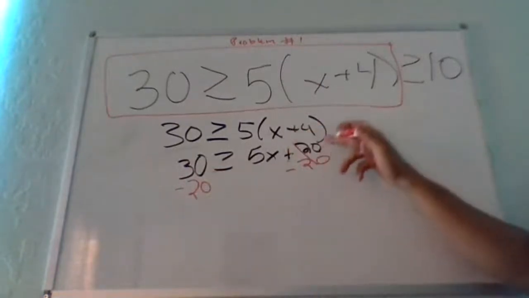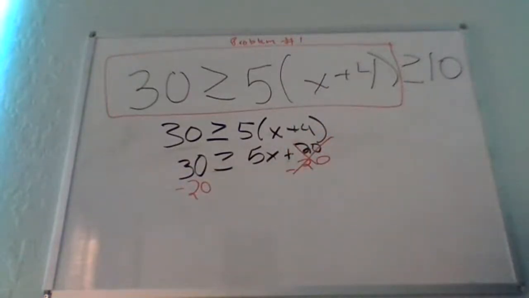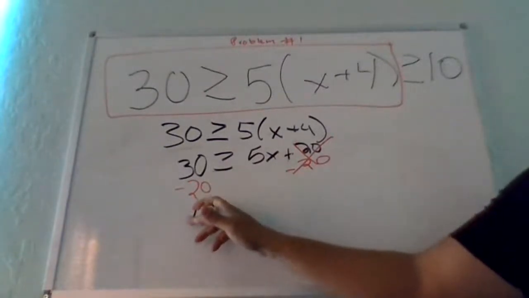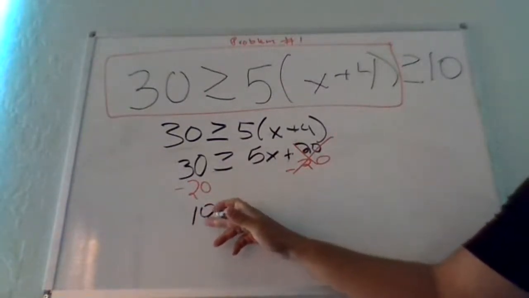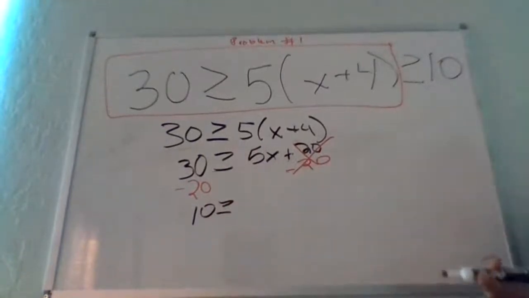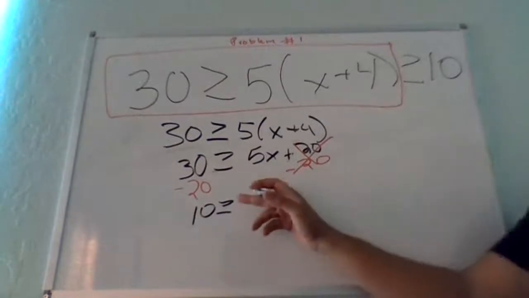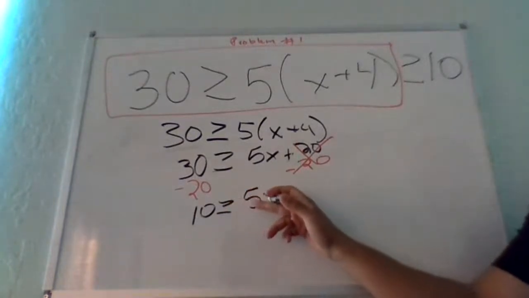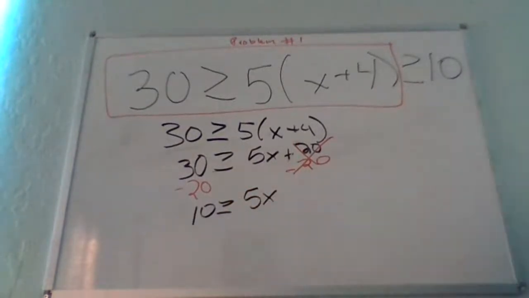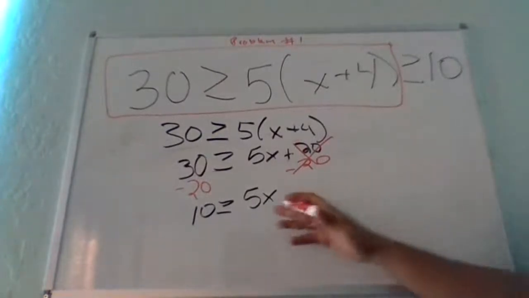So that's going to cancel out. I'm going to be left with 10 is greater than or equal to 5x. So x is 10 divided by 5.